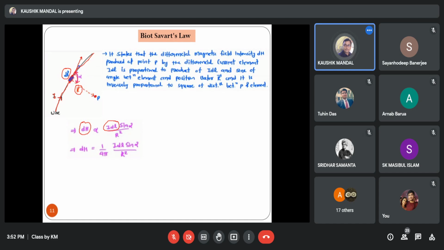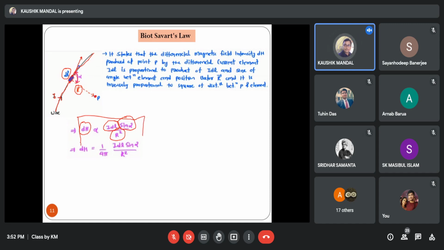It will be directly proportional to the sine of the angle between the position vector and the unit vector to this differential length. And it will be inversely proportional to the square of the distance between this differential length and the corresponding point P. So that is the basis of Biot-Savart's law.